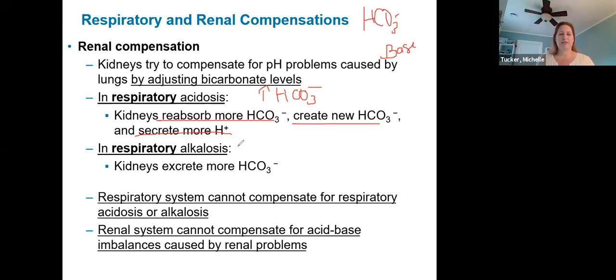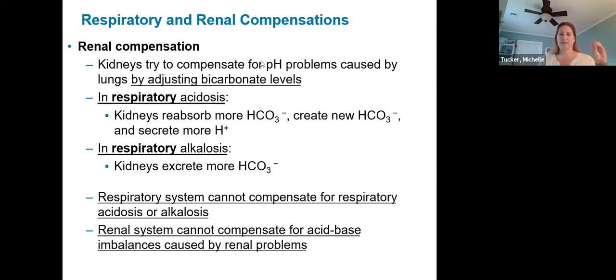In respiratory alkalosis, the blood is already too basic, so you need to decrease the bicarbonate in order to remove base from the blood. So the kidneys will excrete more bicarbonate. They won't reabsorb it, they allow it to pass for excretion.